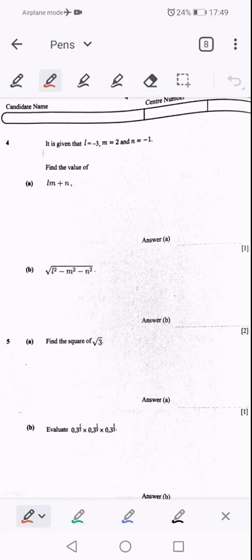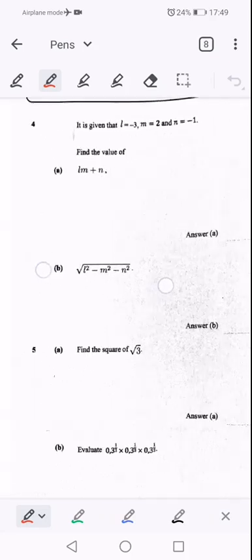And the question says, find the value of LM plus N. So the first thing you need to know here is the meaning of LM plus N, because this is substitution. Remember, substitution, we did it one day and we saw how it works.